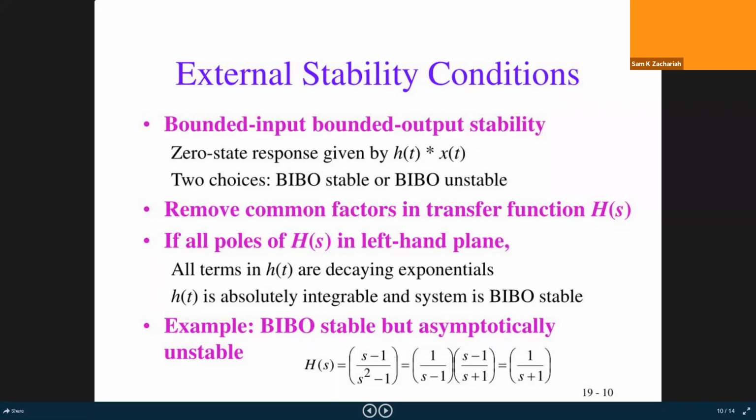So we talk about bounded input, bounded output stability. That is, if the system is starting with the zero state, all the state values are 0, and you are giving a bounded input to the system, the output will be bounded.